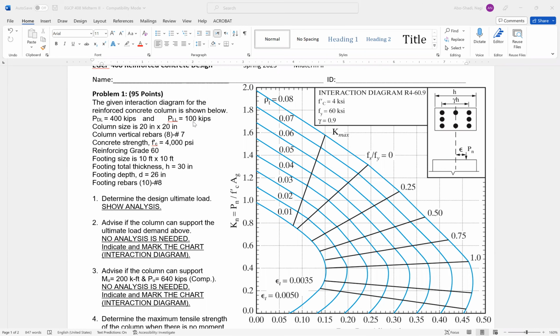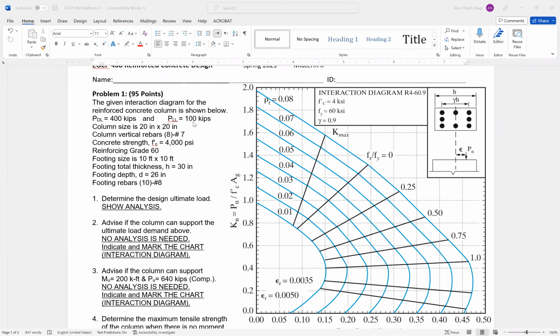So what you have is a few charts, right? And then you need to pick the correct one. Let's say this is going to be the right one. So this is going to be a little bit thicker. The factor that I have here on the y-axis says k sub n.